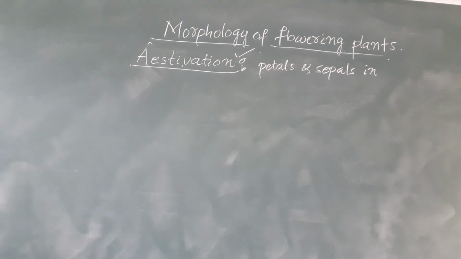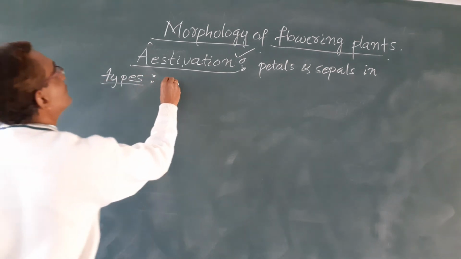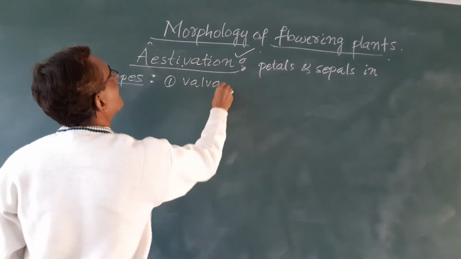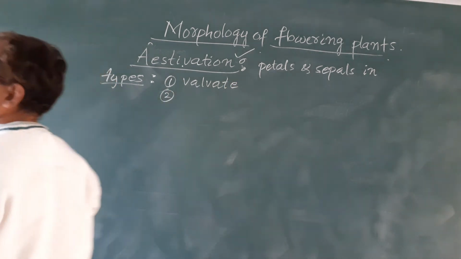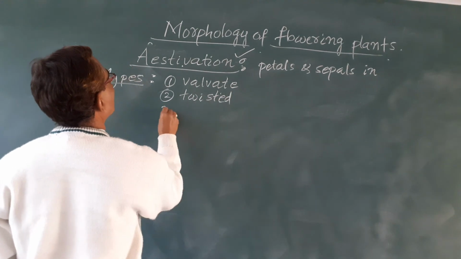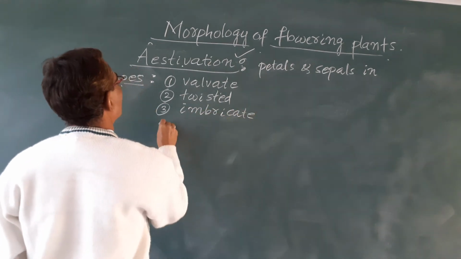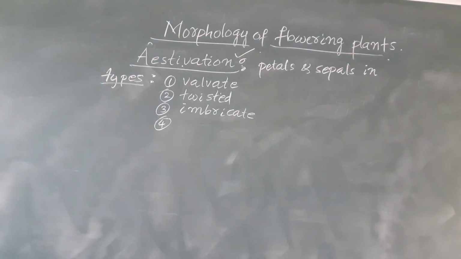The first one is valvate, then twisted, then imbricate, and then vexillary.